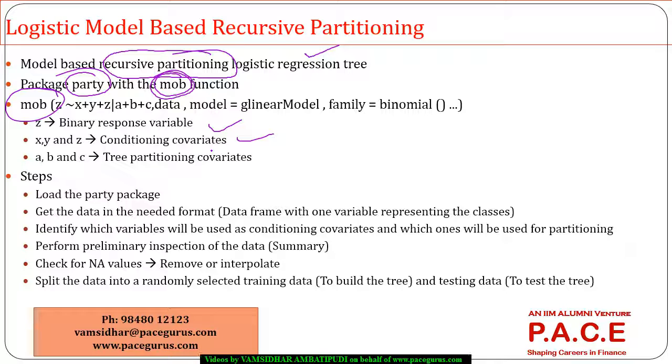The model is a G-linear model, which is what we are calling a generalized linear model. And if I set family equal to binomial, then I'm setting it as a logistic model based recursive partitioning. So that is what we will try to do.